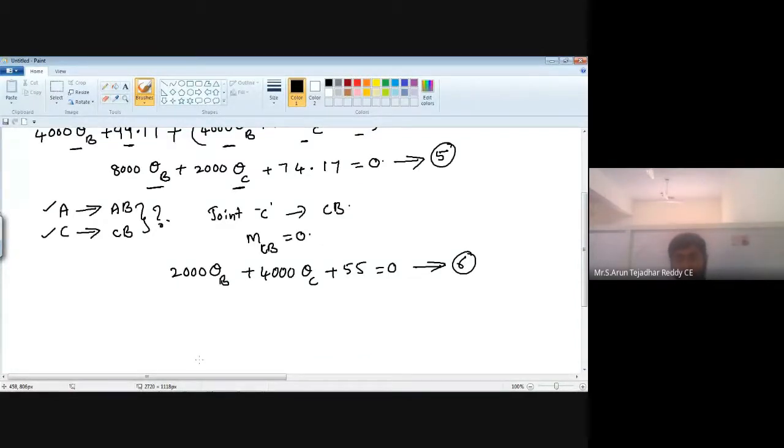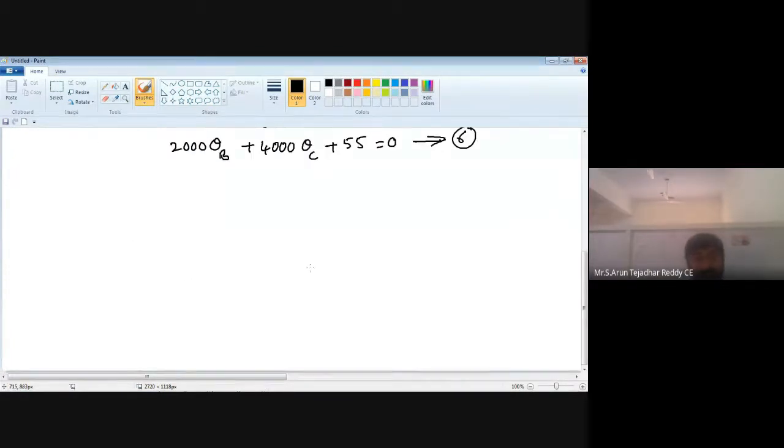Now here solving equations 5 and 6 is very easy, because in equation 5 we have theta B, theta C, as well as in equation number 6 also we have theta B and theta C. So now the solving is very easy. Write down solving equations 5 and 6.